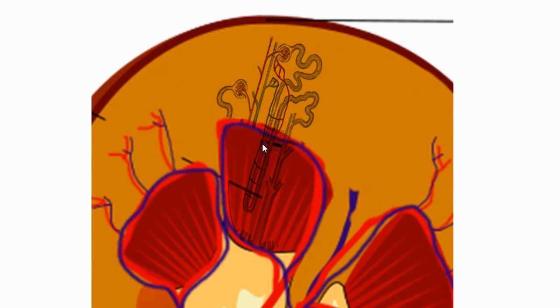So in the medulla, we've got this part of the renal tubule, so that it kind of has this U-shaped hairpin bend, and this is called the loop of Henle, and this sits in the medullary pyramid. But the renal corpuscle is always in the cortex, and the loop of Henle is always in the medullary pyramid.